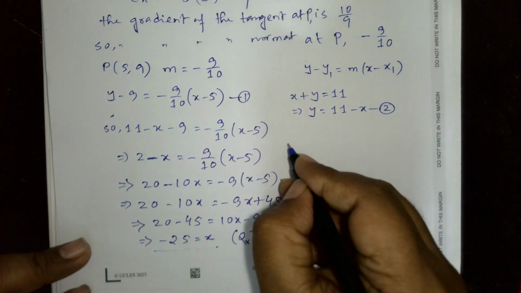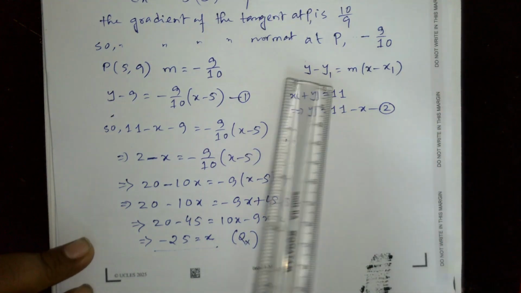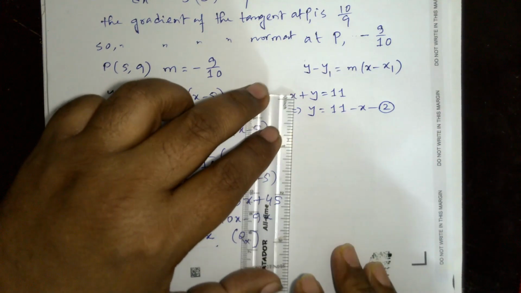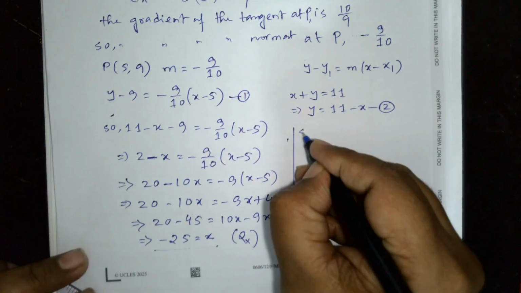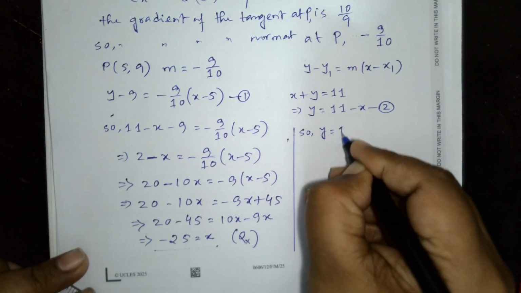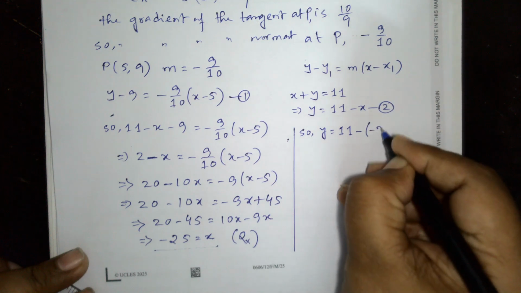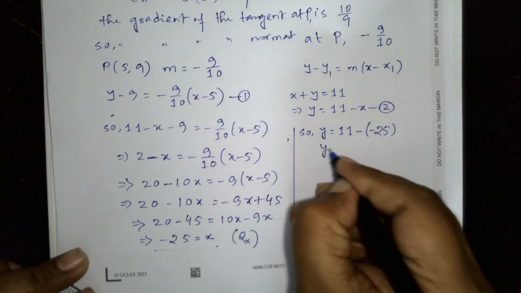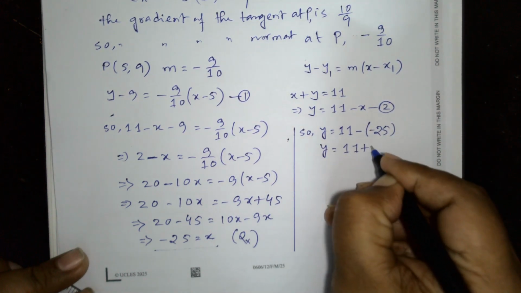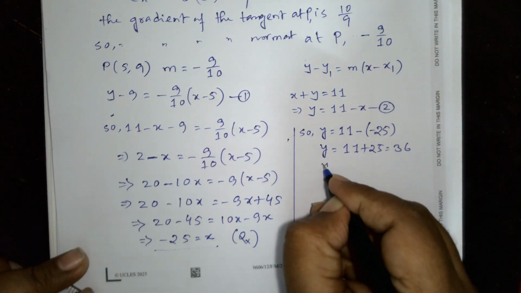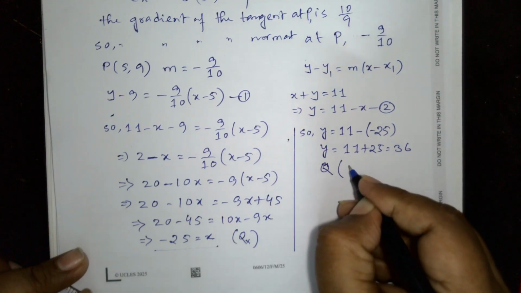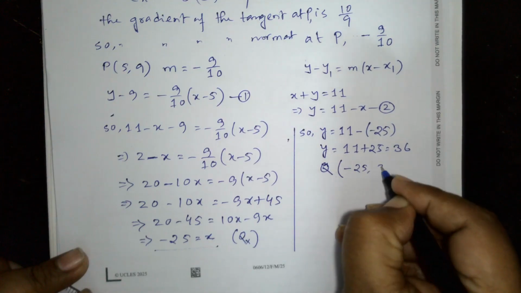Yes, sir. Now I need to get the y coordinate of Q. So our y will be 11 minus minus 25, so y will be 11 plus 25, hence 36. So Q is nothing but minus 25 comma 36.